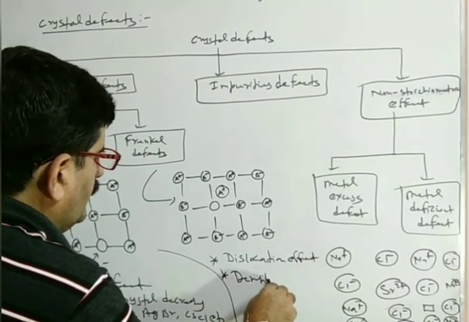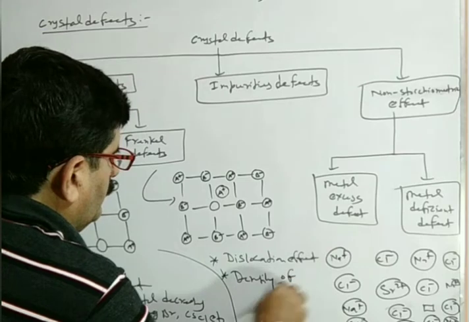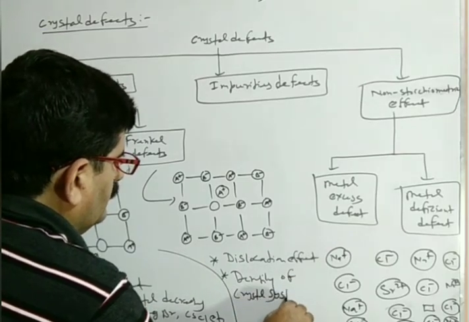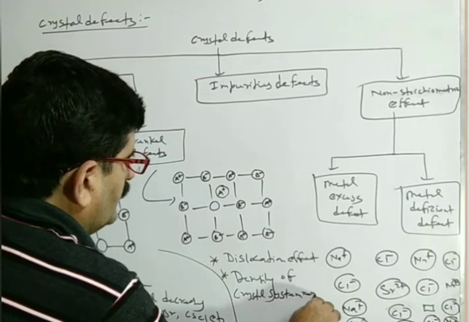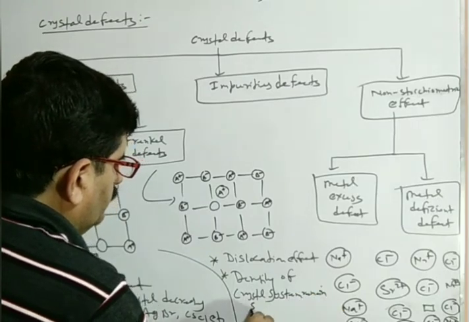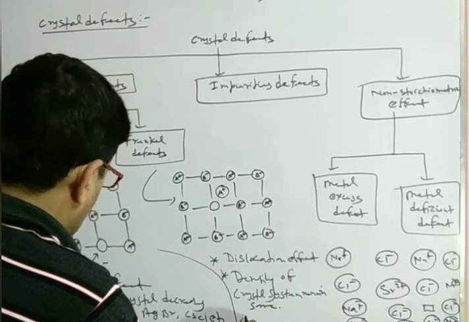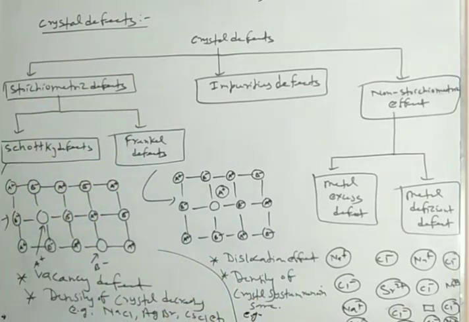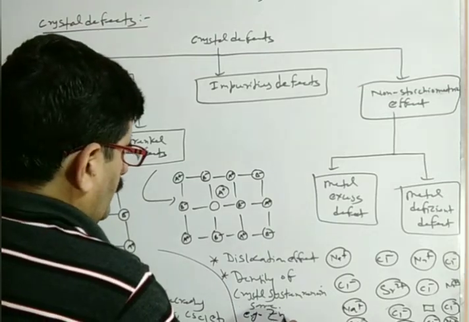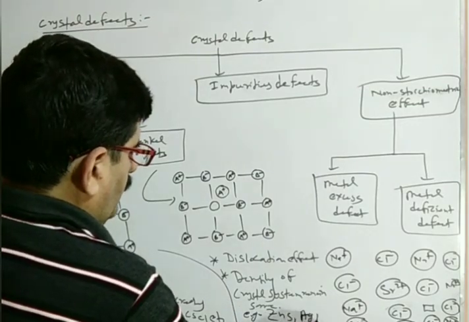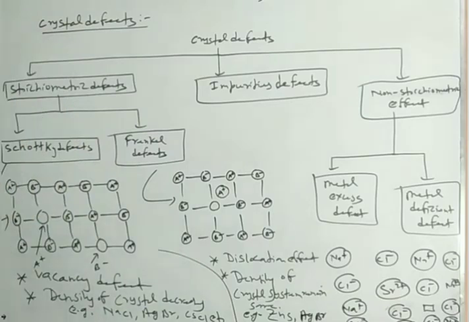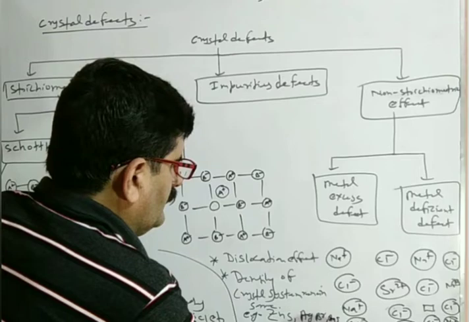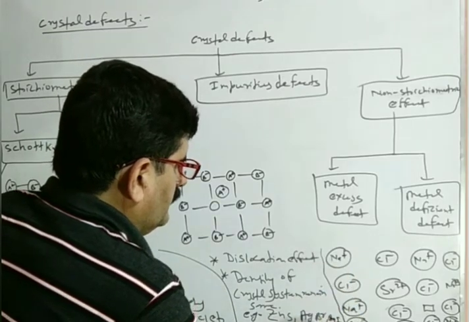Density of crystal system remains same. Example, you can write ZnS, AgBr, or you can write AgI, etc.